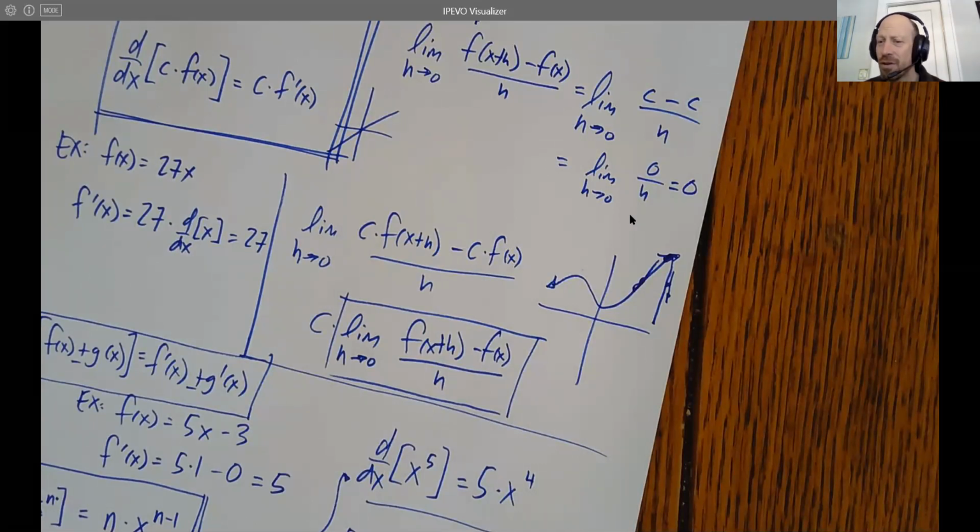So the answer is not exactly, but yes, there is some connection there because there is a sort of underlayer, I guess, if you want to say. So yeah, good observation.